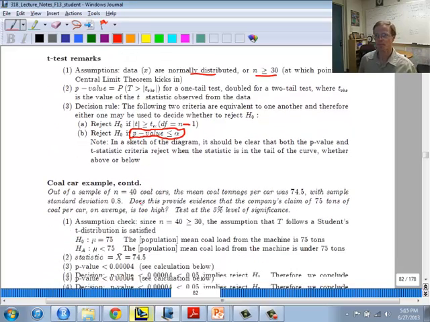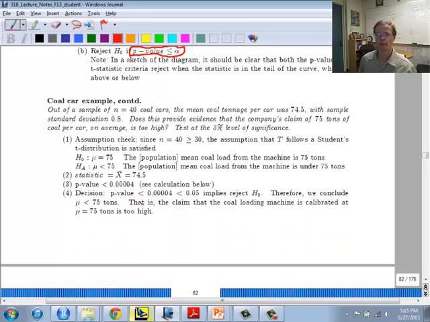Okay, now one more example. Let's go back to the coal car, and this will be the most explicit, coming to the manufacturer's claim. They're claiming 75 tons, so we test against 75 tons. The alternative: below 75 tons. Did we get ripped off? In this case, we are simply presuming the manufacturer is not going to be giving out more coal, and so we rule that possibility out.